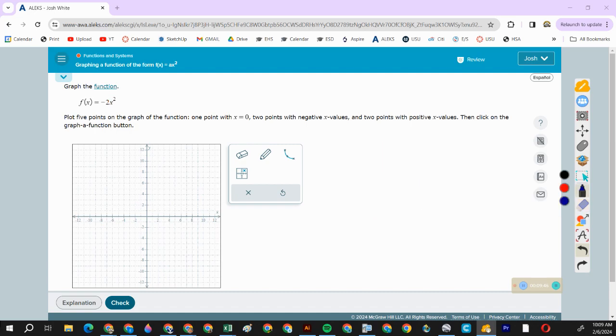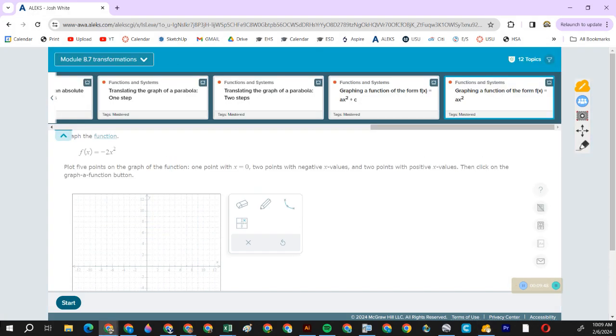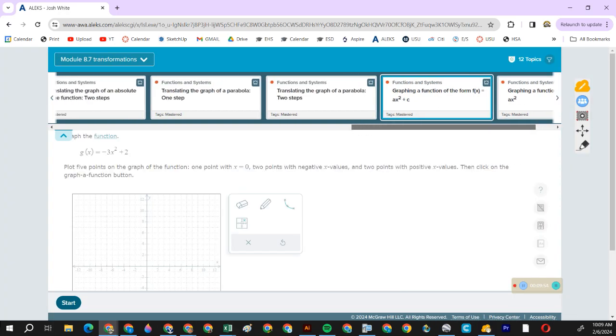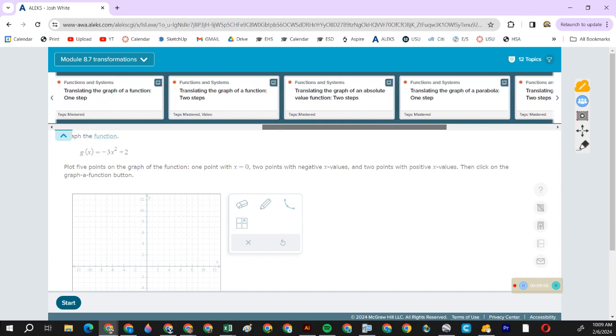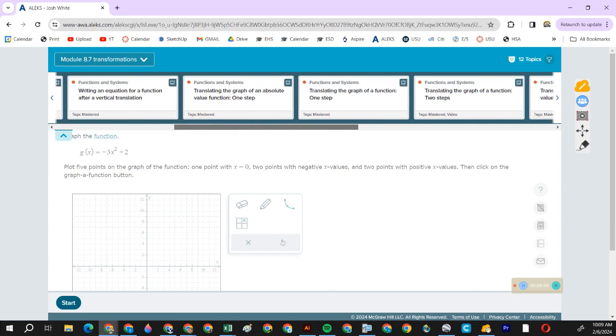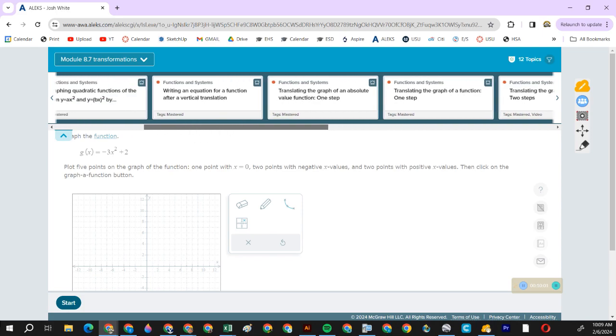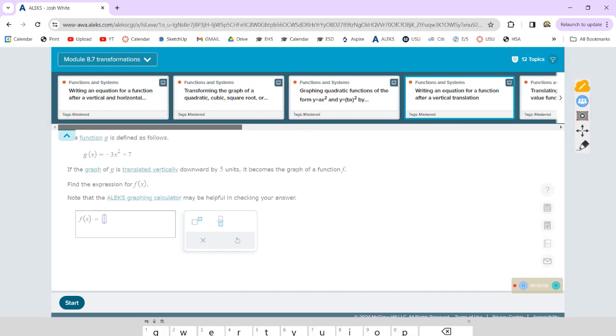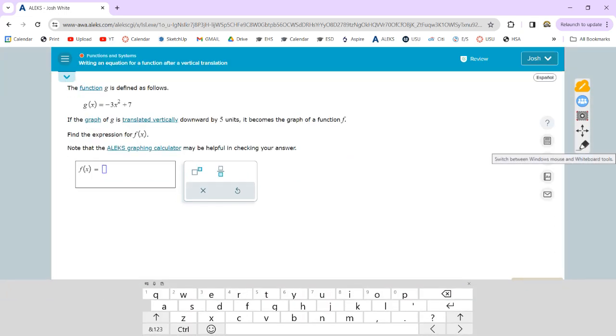Okay. Let's see if I have covered everything. Taking care of that one, and that one, that one. Okay. Let's look at this one. So we start with the function negative 3x squared plus 7, and we want to translate that vertically down 5, and it becomes the f function.